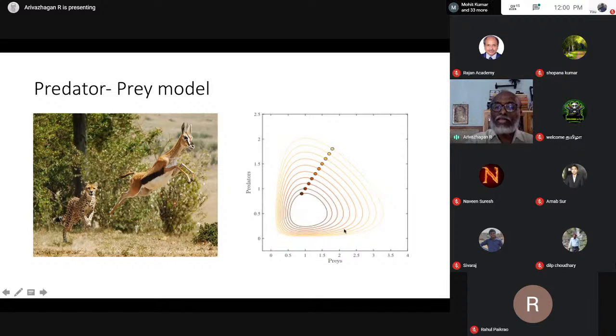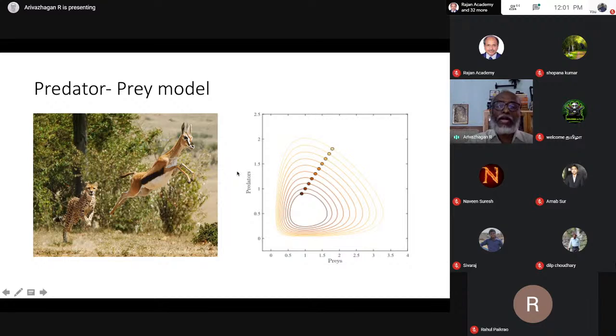Here there is no predation, only unlimited supply of food, so the population increases. Due to predation, the population goes on decreasing. Then the predator population increases because of predation.